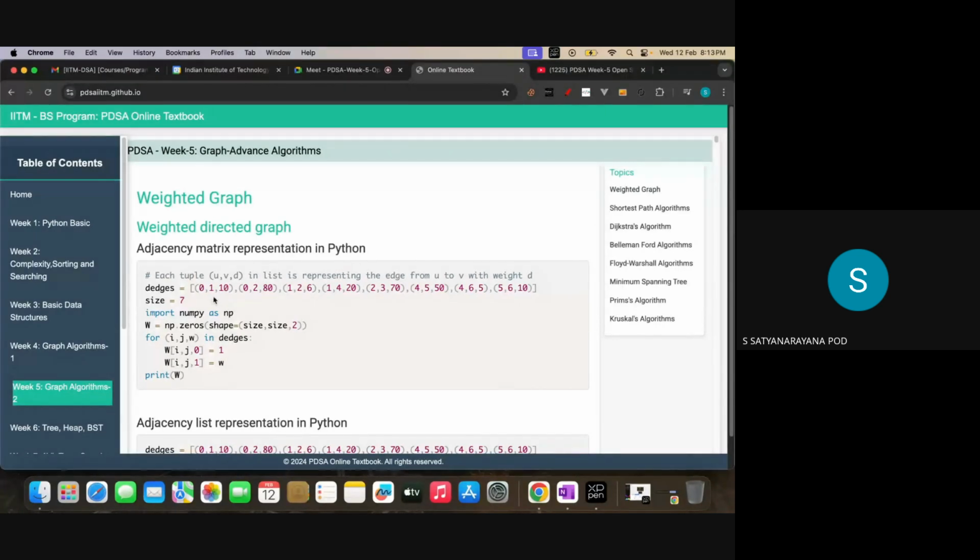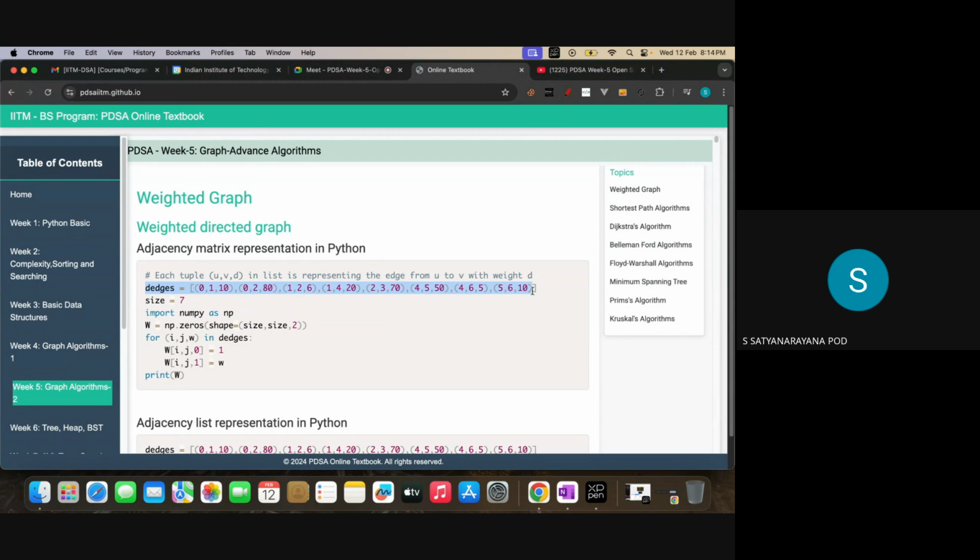They are taking directed edges. It's a directed edges graph, meaning 0 to 1 edge is available, weight of 10 is there. 0 to 2 edge is available, weight is 80. 1 to 2 there is an edge, 6. Hope you understand what this is. Is it clear?